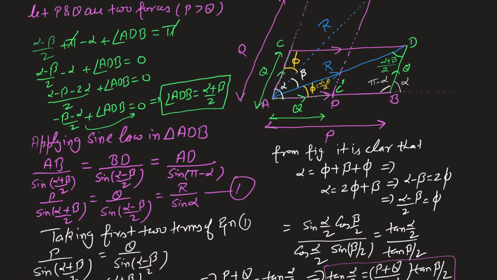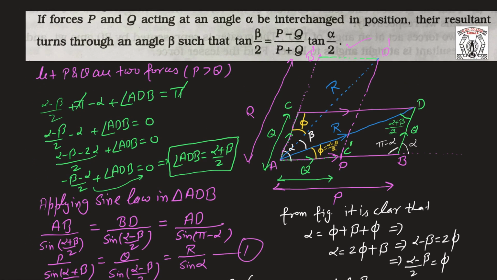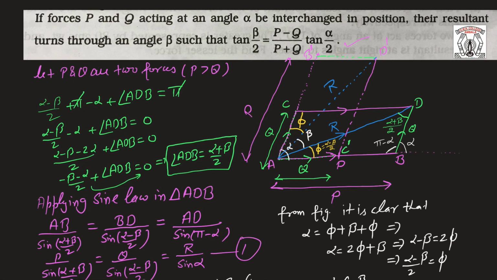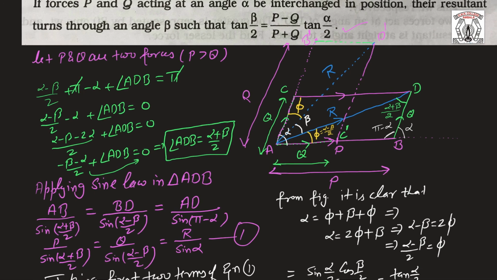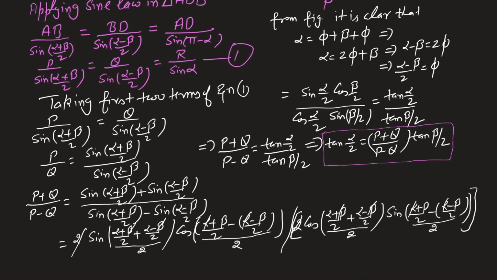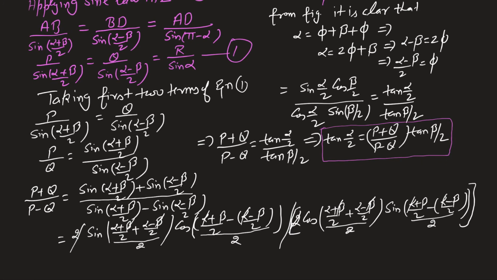If you see in the given question, here is tan beta by 2, here is tan alpha. So you can simply do one thing, that this could also be written as, if you see, this will be here, this will go there and this will go over there.